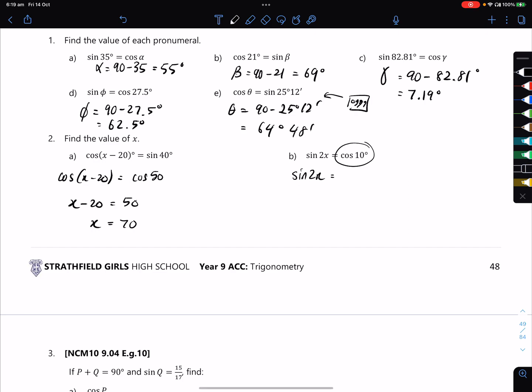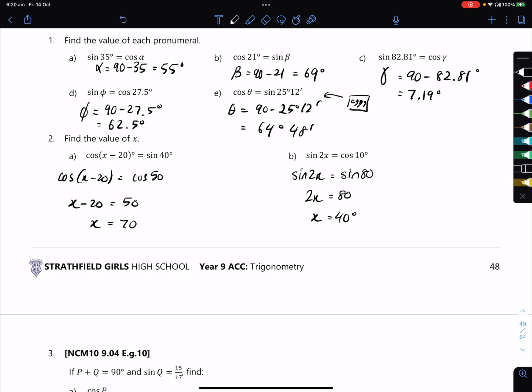So cosine of 10 can be changed to sine just by taking the prefix co off. 90 minus that number gives us 80. Once we've done that, we can see that both of them have sine and sine. So 2x should equal 80. And that's why x equals 40 degrees once you divide by 2.